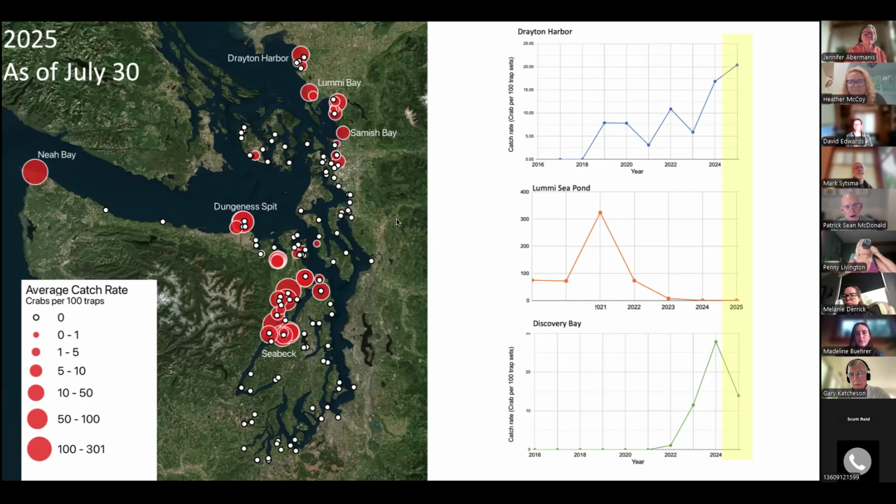We knew that there was that population in Suc Basin, but we had a network in place doing regular monitoring in 2015. And it wasn't until the following year that we started seeing green crab within the inland waters of Washington State. And so we've seen a very clear signal of their arrival.